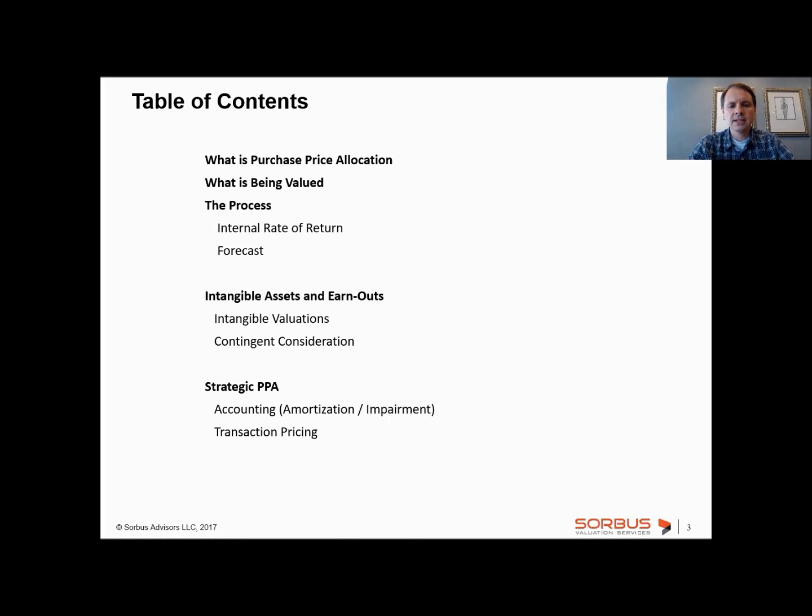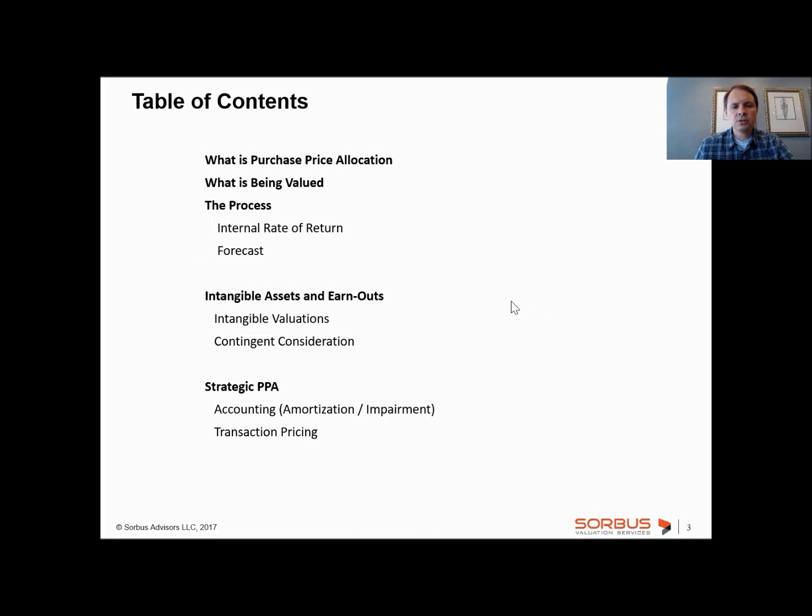We'll talk about the intangible assets and briefly touch upon earnouts. And then we'll finish this webinar with talking about the strategic meaning of this analysis for your future acquisitions, as well as how the subsequent accounting will be related to this purchase price allocation analysis.